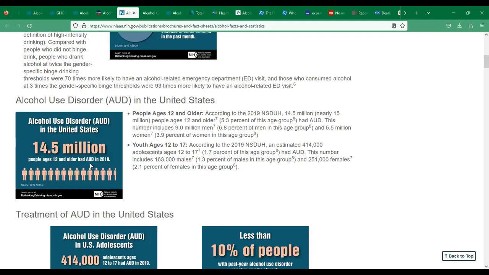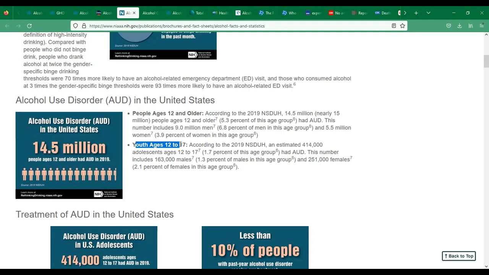So we're looking at nearly 15, or let's say 14.5 million. So in relation to the whole population of the US, you need to take population as a control variable here to be able to see how significant it is in comparison to other countries.